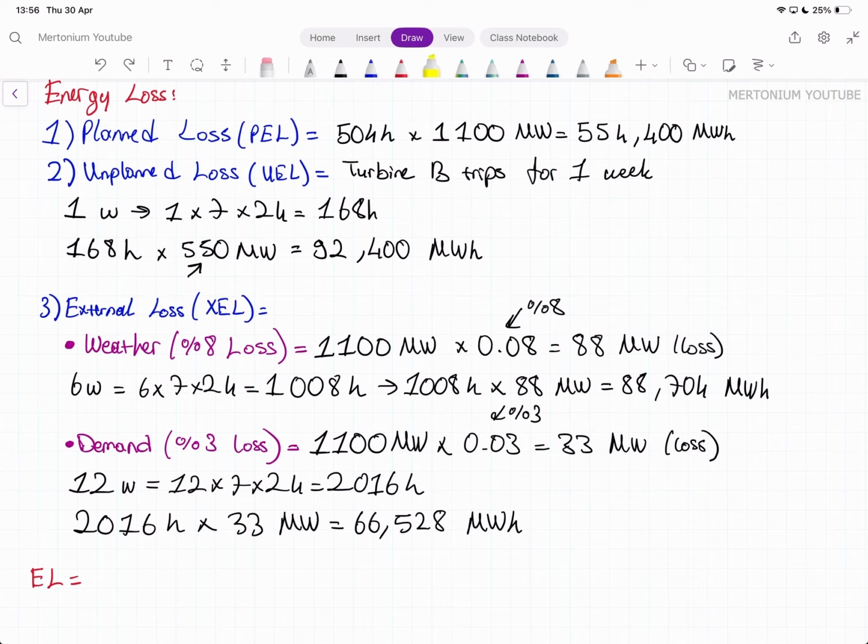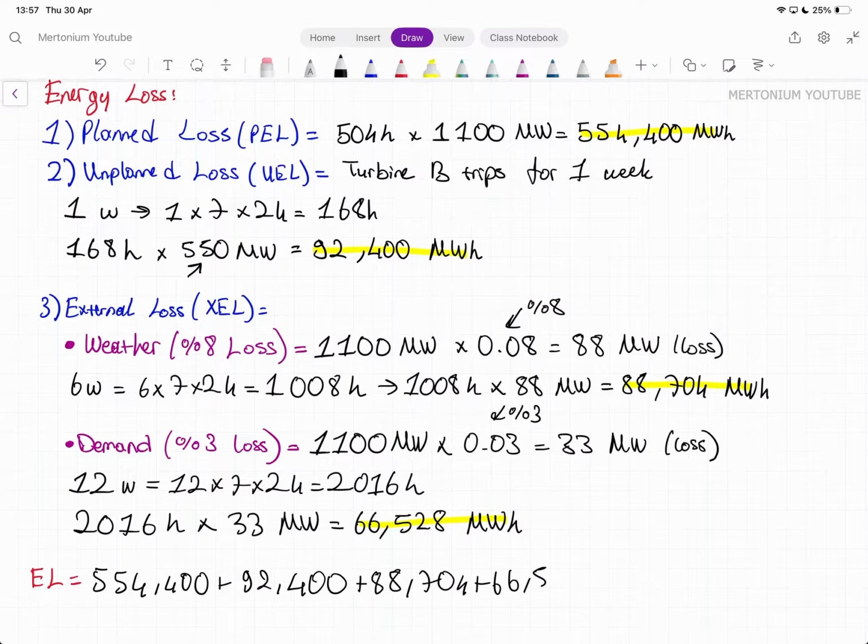So we have a planned loss here, unplanned loss here, and also 2 external losses here and here. So let's sum them up. So we get 802,032 megawatt hour total energy loss.